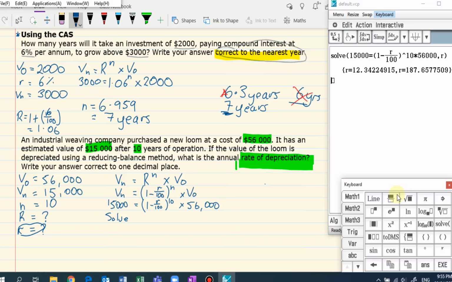Solve, and we get two numbers there. Now, out of the two numbers, we take the smallest one. We always take the smallest one.